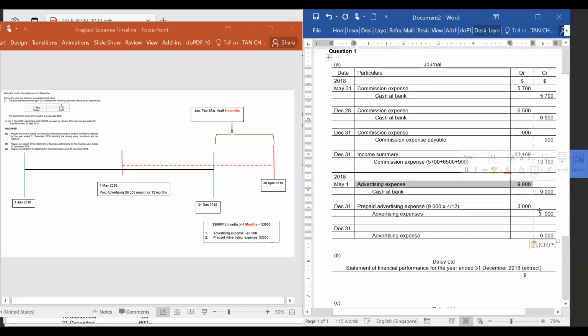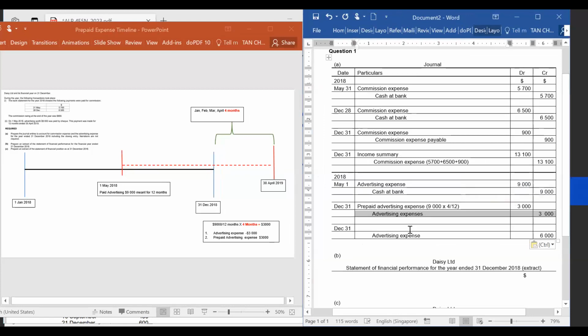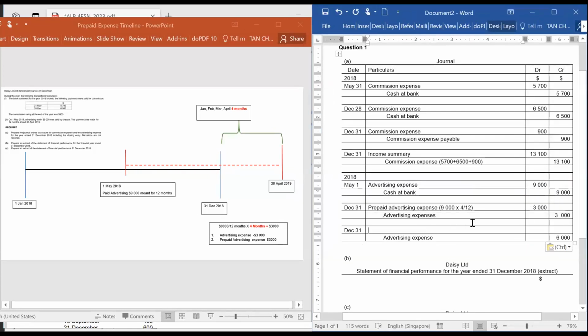Out of it, 3,000 is meant for the next accounting year. So in other words, the advertising expense incurred for the year would have been only 6,000. Okay, so we will have to proceed to close off to our income summary.